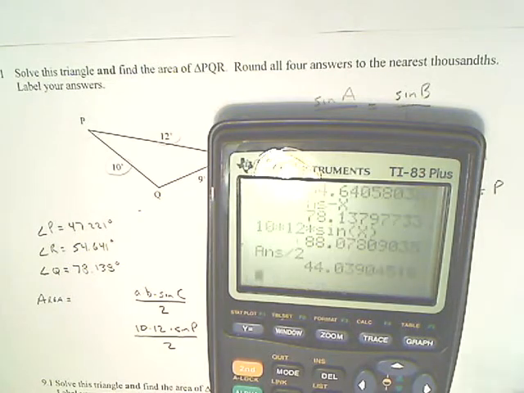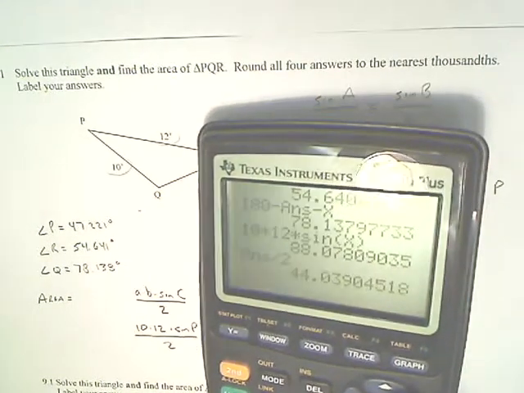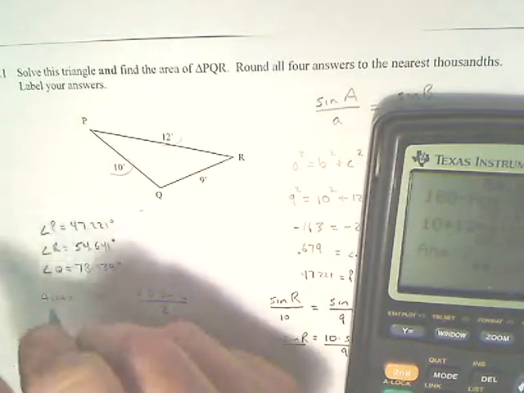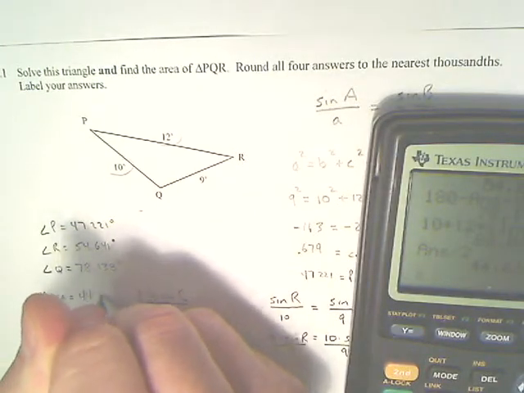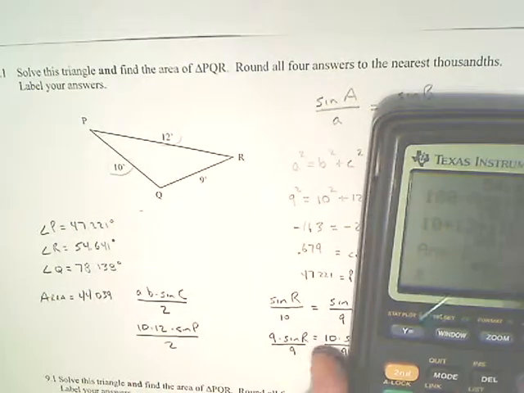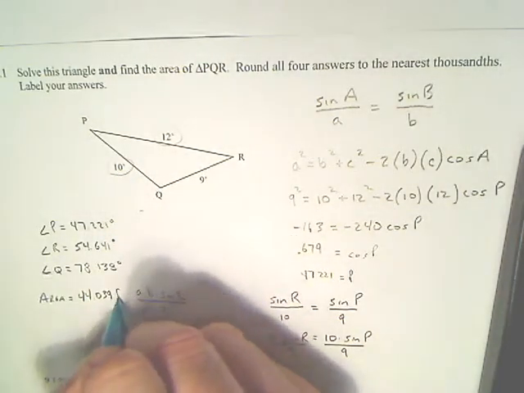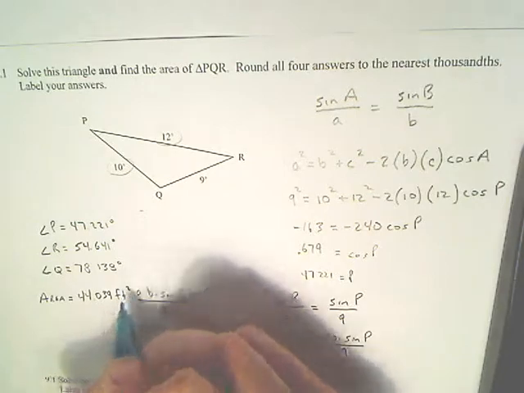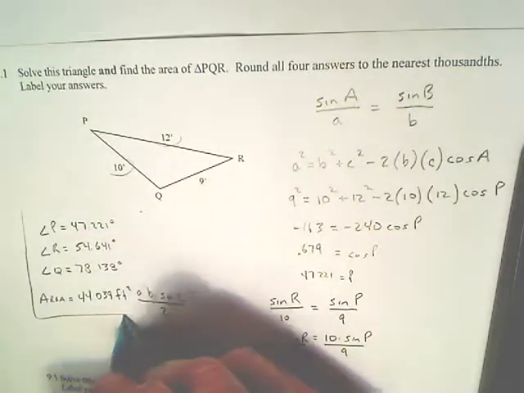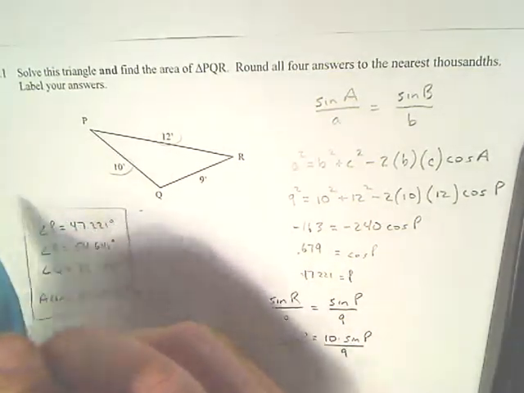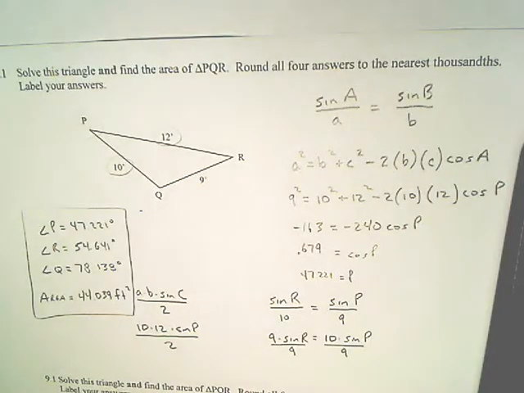Don't forget to divide by 2. And there's my area, 44.039. Check the labeling on the problem. 1 apostrophe is feet, so we have square feet. And there is the solved triangle with the area.